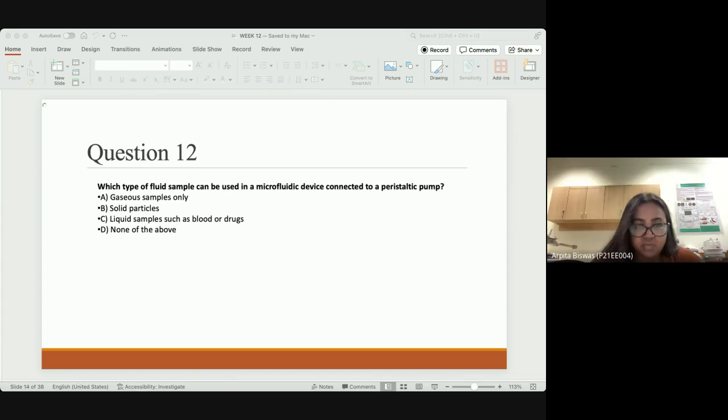So the right option is option C, liquid samples such as blood and drugs.